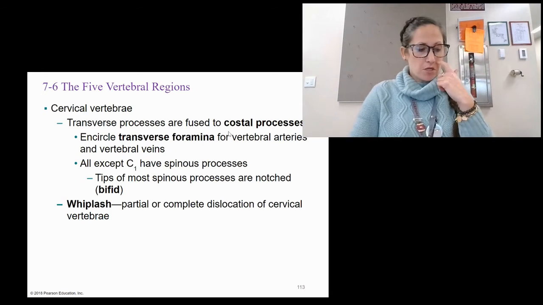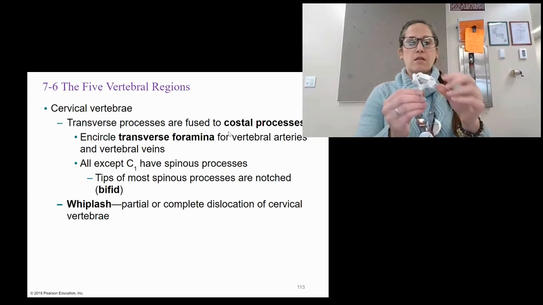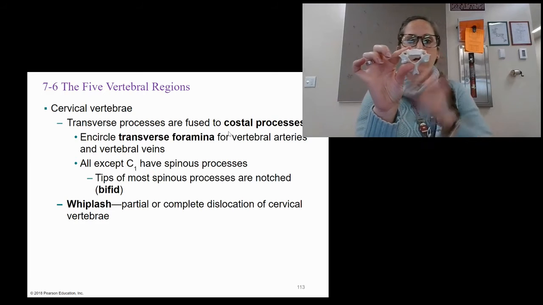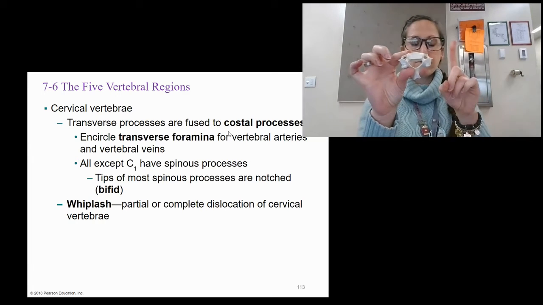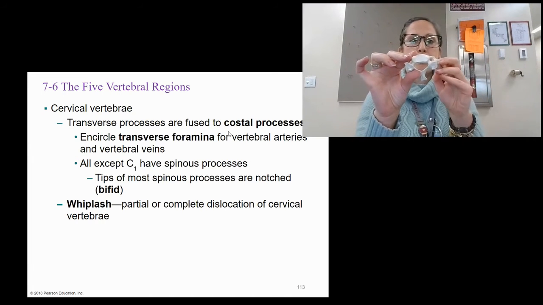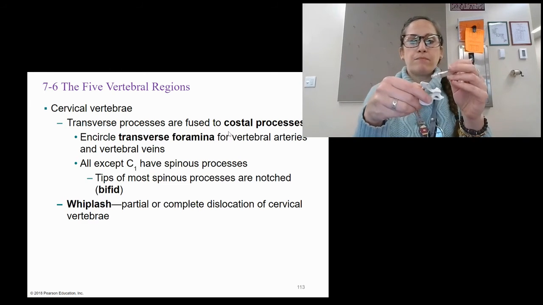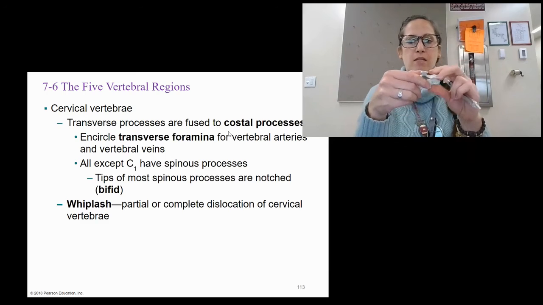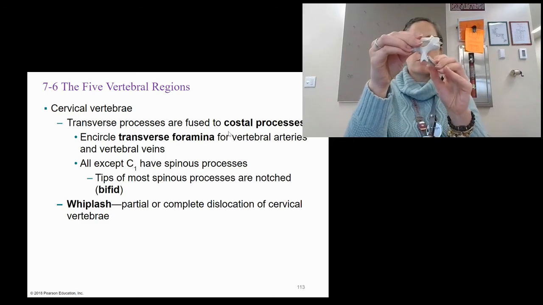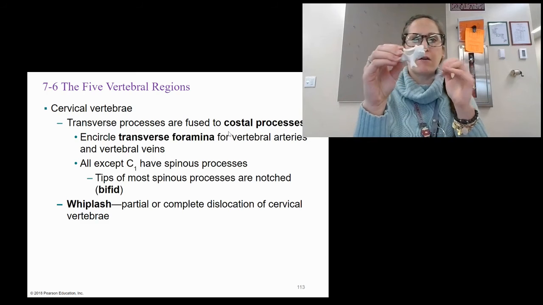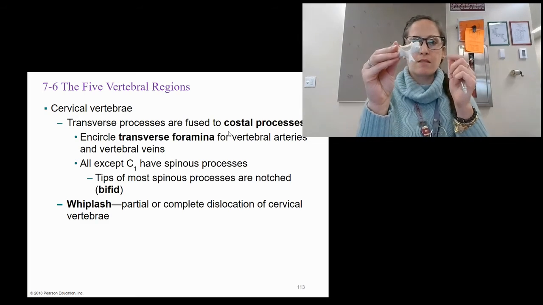Some of the key features of a cervical vertebra. So this is a typical cervical vertebra. And how do I know that? I know that because its body is small. It has transverse foramen. It has a bifid spinous process. So the spinous process that's located on the posterior side is bifid, kind of like a forked tongue in a snake.